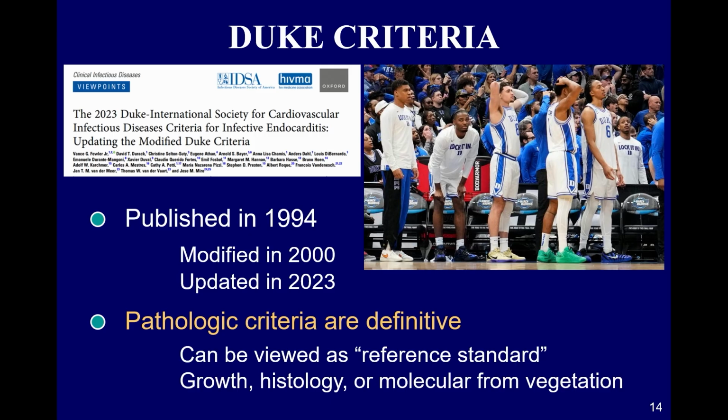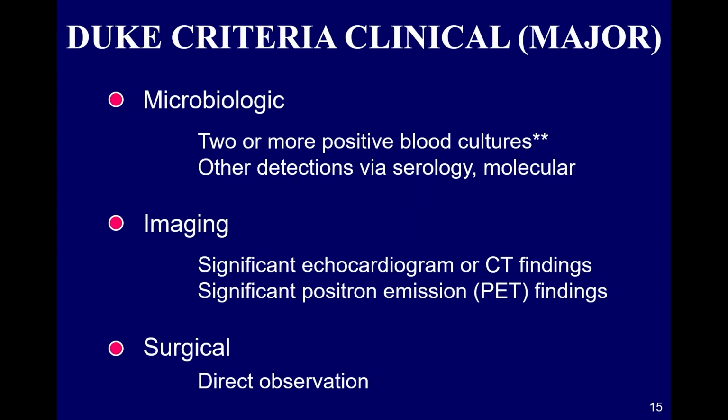Now, we're obviously not always going to get heart tissue from a surgery or, obviously, from an autopsy. So then we have what are called clinical criteria. The Duke criteria really want tissue for a pathologic diagnosis, but in the instances in which you don't have that, we have what are called clinical criteria.